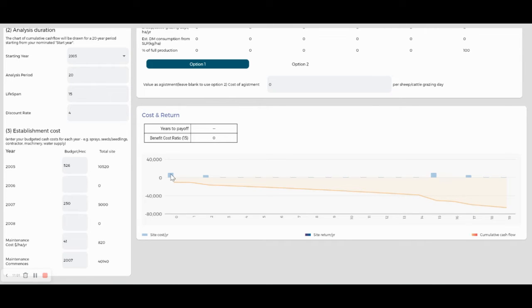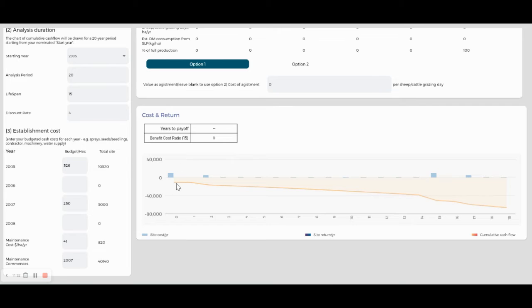The blue bars are the costs that have been incurred: a larger bar in the first year, which is the establishment of the plants, a smaller bar in 2007, associated with fencing and water, and then a small blue bar that's only just visible, which is the annual maintenance cost, and then 15 years later, establishing the plants again.